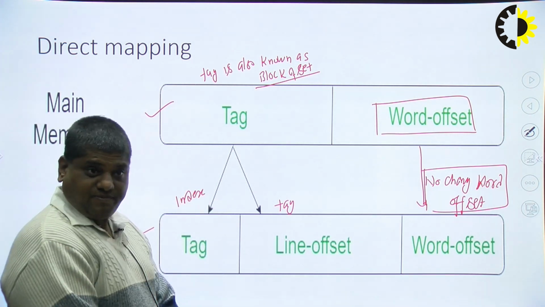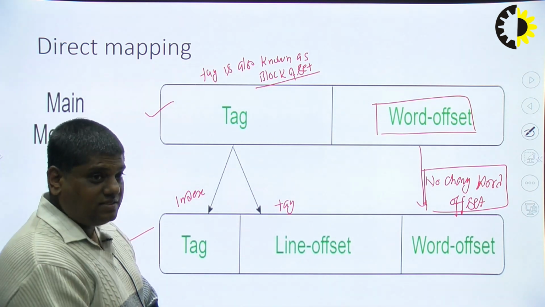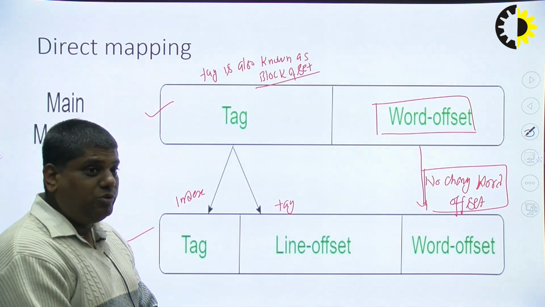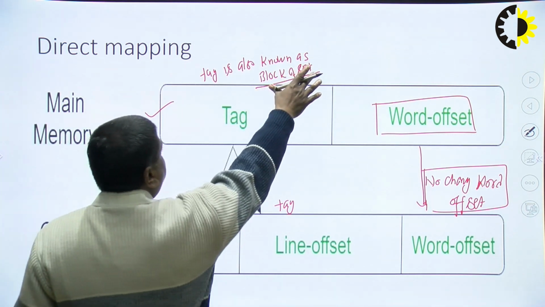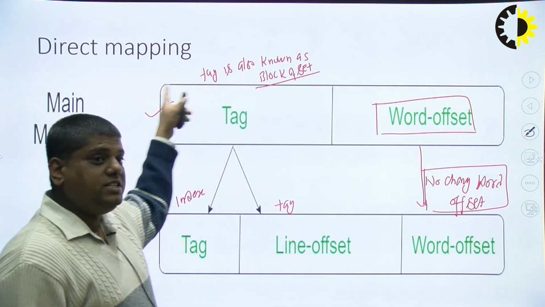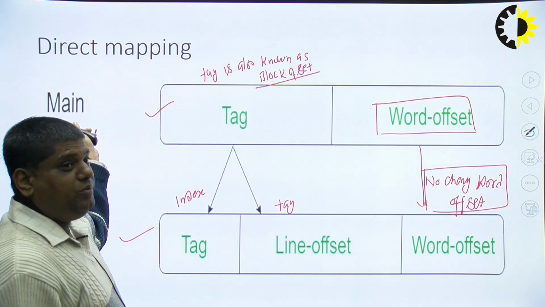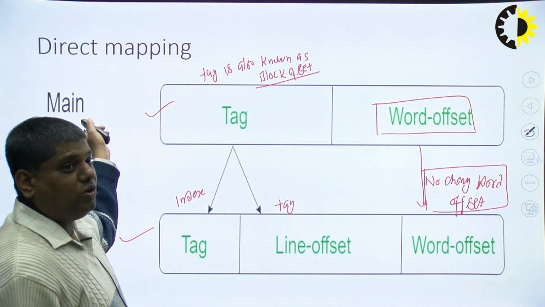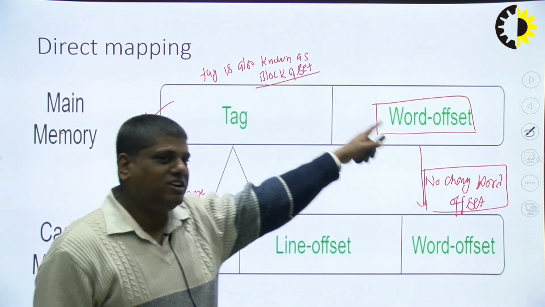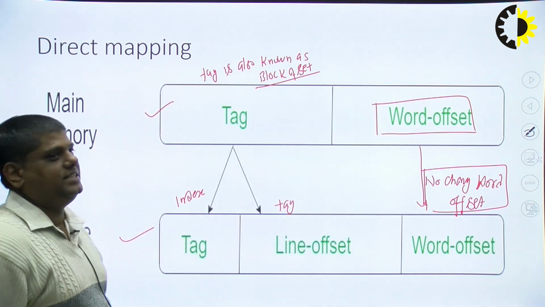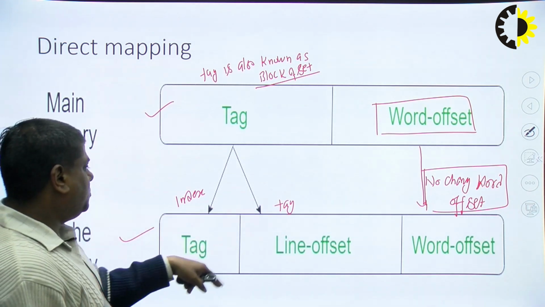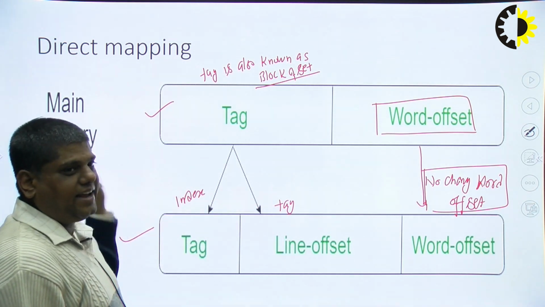What is the tag and what is the index? The combination of the block offset and word offset is known as the physical address. The block offset is divided into two parts, the tag and the index.